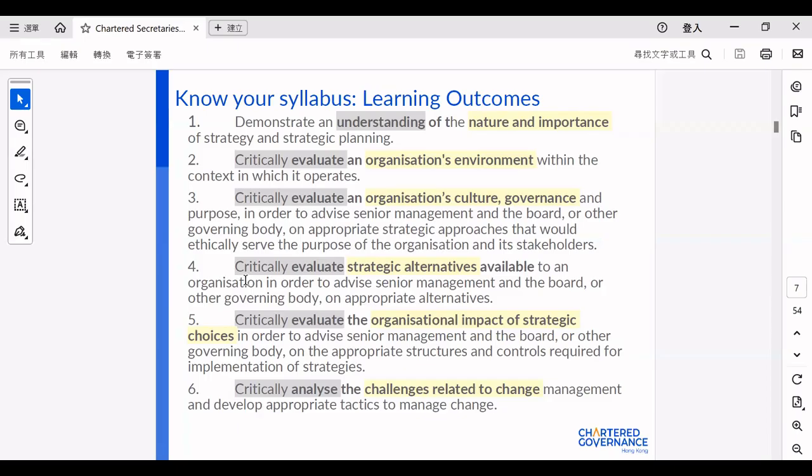So when you do your preparation, you have to understand that, okay, since this is a learning outcome, therefore this will be asked. One of the questions will invariably be asked about strategic planning. One of the questions will be asked about the environment. So you can actually guess that all these 6 big topics will be asked.